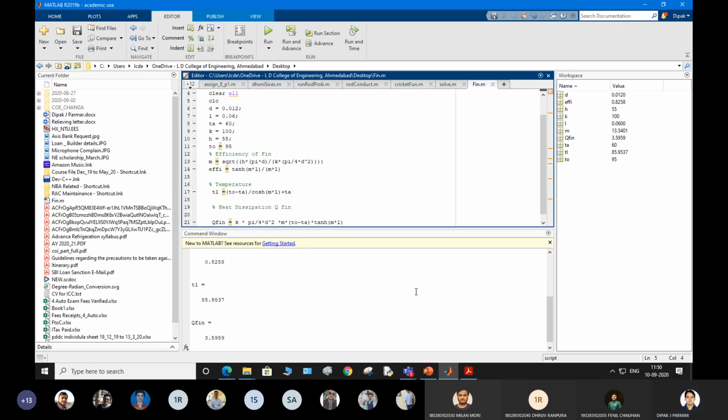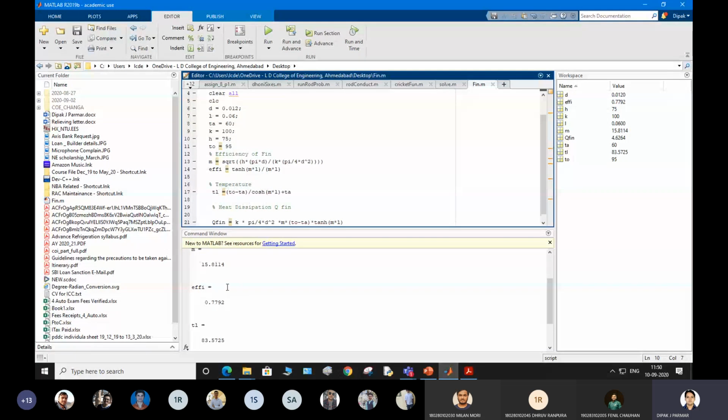So as in the PPT we discussed, if conductivity is more, your efficiency and effectiveness will be more. Let us take a different parameter. Suppose the convective heat transfer coefficient, instead of 55, is 75. What will happen? Now you can check here, when you change the convective heat transfer coefficient, your efficiency in the previous case was 62.